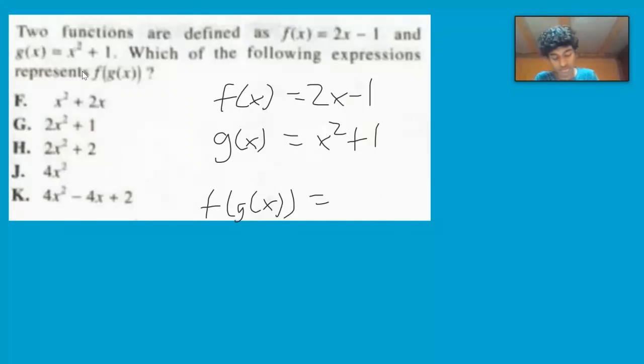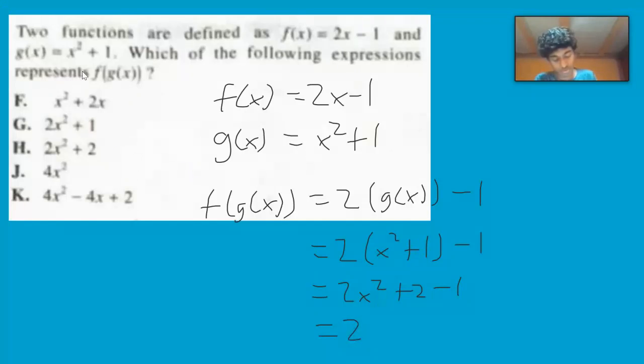So this would be equal to 2 times g of x minus 1. And what is g of x? G of x, we know, is x squared plus 1. So this is equal to 2 times x squared plus 1, minus 1. This is equal to 2x squared plus 2 minus 1, which is simply equal to 2x squared plus 1. So therefore, our answer is choice G.